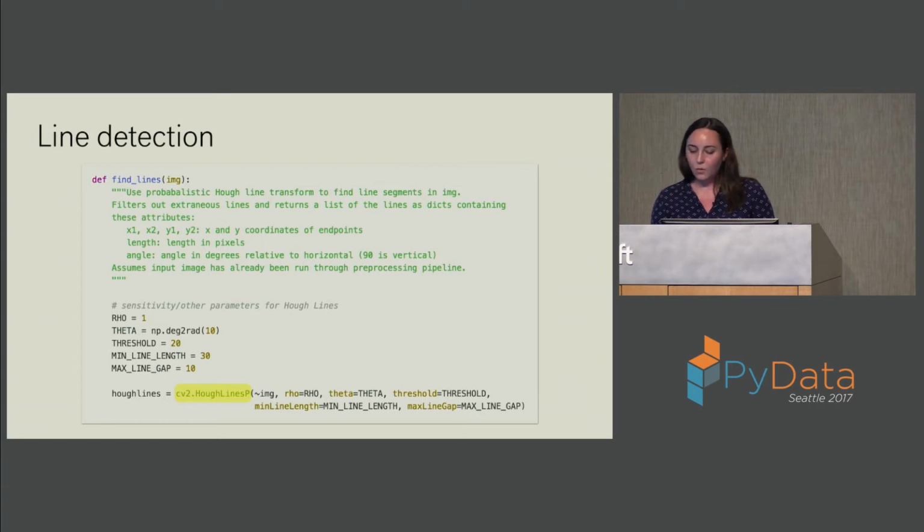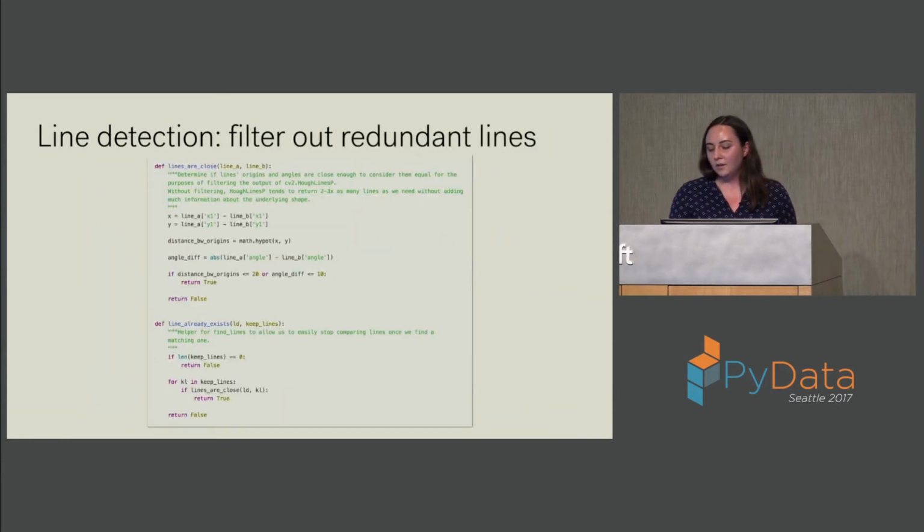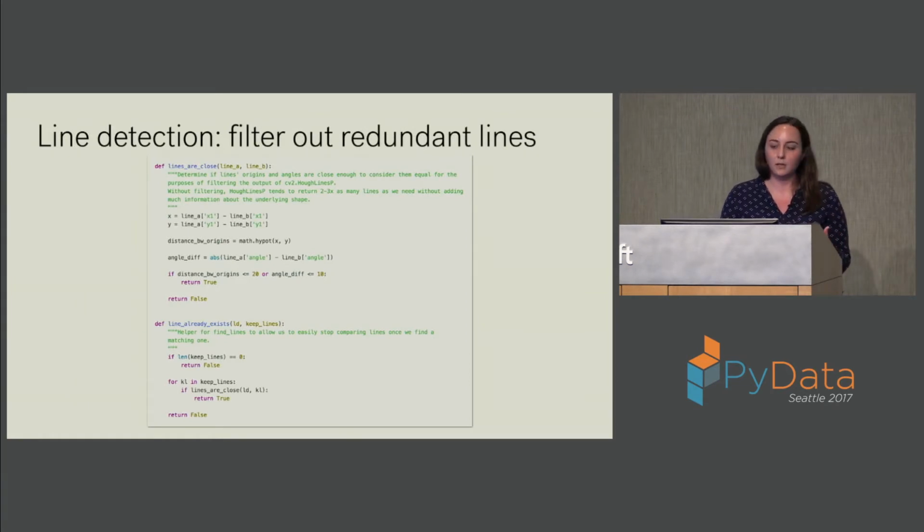So I'm applying that. One thing I found is that this function tended to return a bunch of lines that when I visualized them, they looked like they were all right on top of each other. It seemed like extra lines to me, and I just wanted to represent what the user would see. So I had to introduce the concept of, are two lines close enough to consider equal?